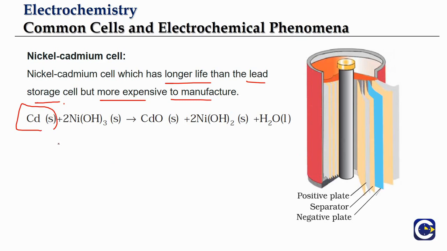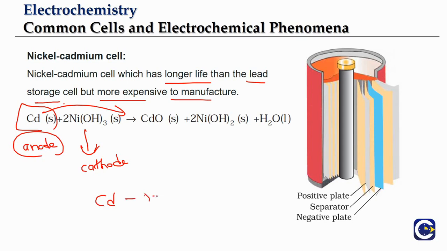If you look at the construction of a nickel cadmium cell, cadmium will be acting as the anode, and nickel trioxide will be acting as the cathode. If you look at the overall cell reaction, cadmium is undergoing oxidation. Cadmium is becoming Cd2+.